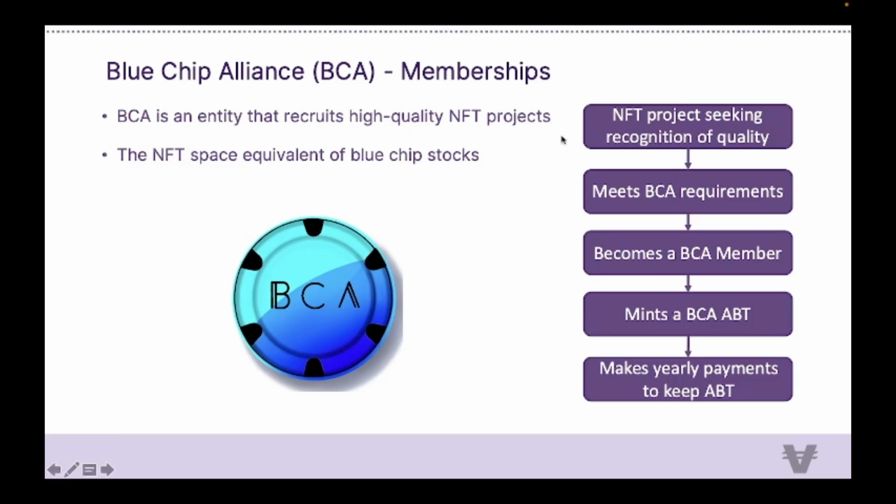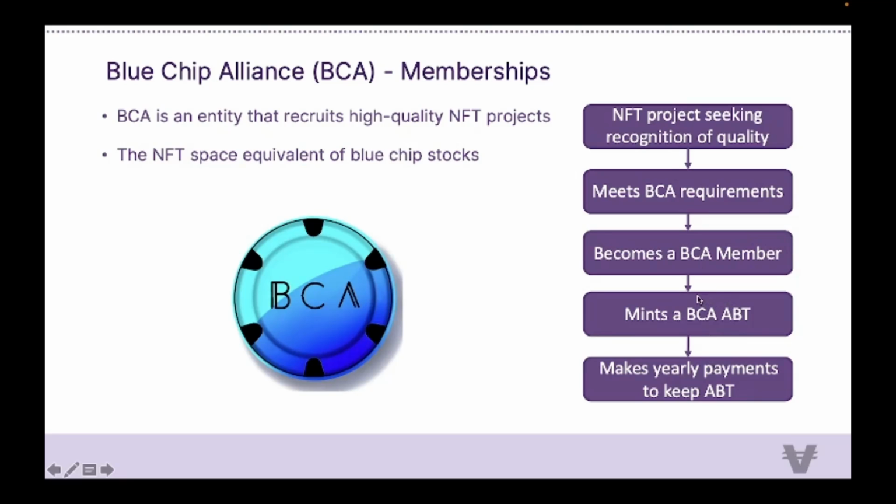So how this is done, we have an NFT project that seeks the recognition of quality. It meets those BCA requirements for the blue chip NFT project. Then that project can become a BCA member and mints the BCA ABT.